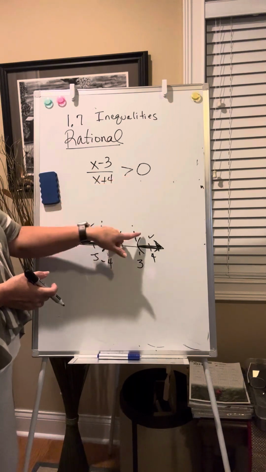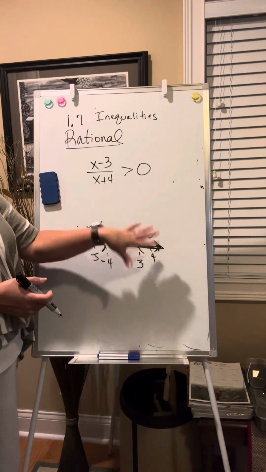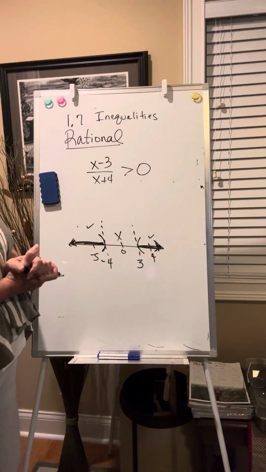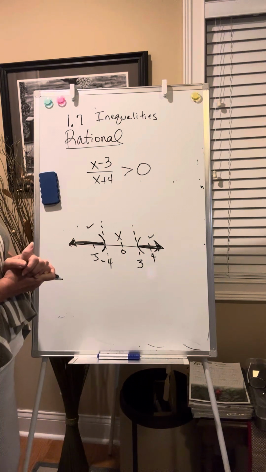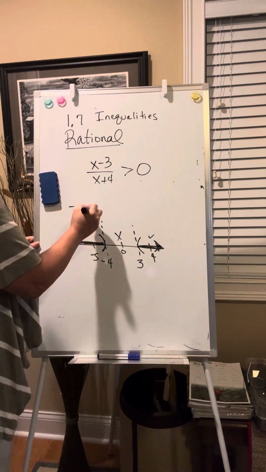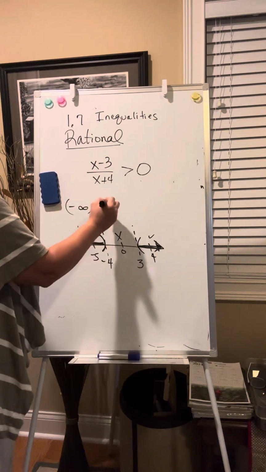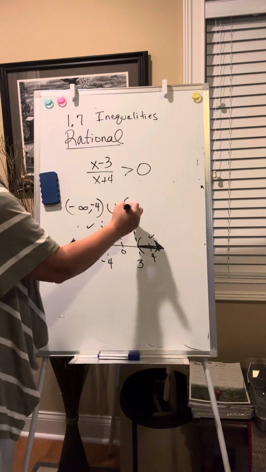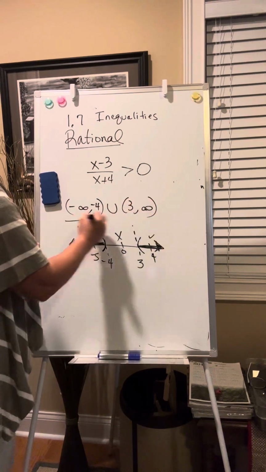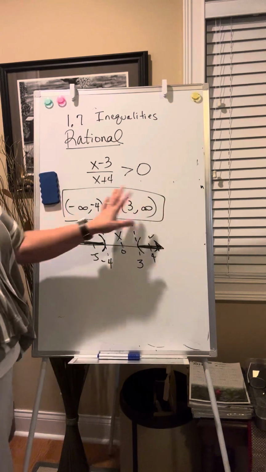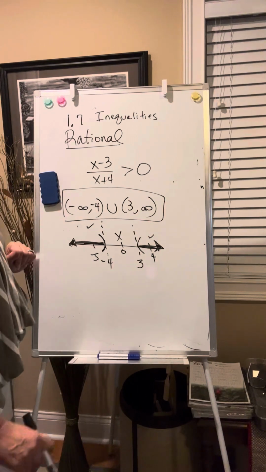But if it had a line under it, we would bracket the one that's the solution, what makes it equal 0. So we'll write this as this interval is -∞ to -4, union this interval 3 to +∞. The 2 sections, and the union is sort of like a plus sign in math.